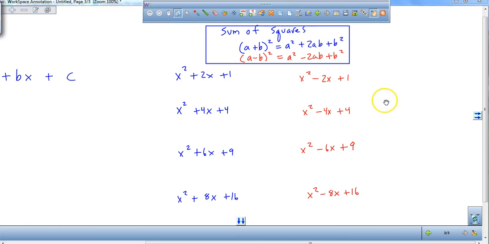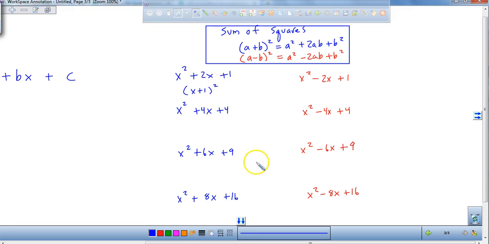Alright, so what we're dealing with right here is called the sum of squares, and if you Googled it, you'd probably come up with this pattern here. But I'm going to show you a very easy way to understand this pattern. Here we have x squared plus 2x plus 1. We know that factors to x plus 1 squared, because 1 plus 1 is 2 and 1 times 1 is 1.